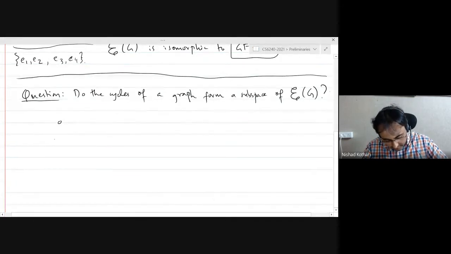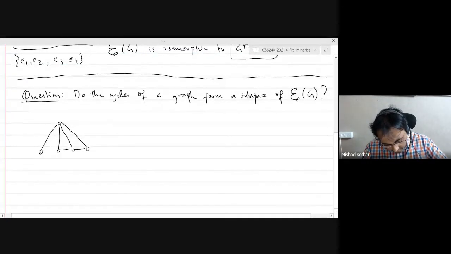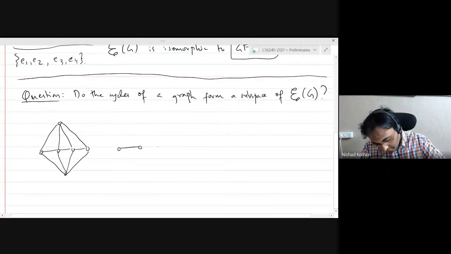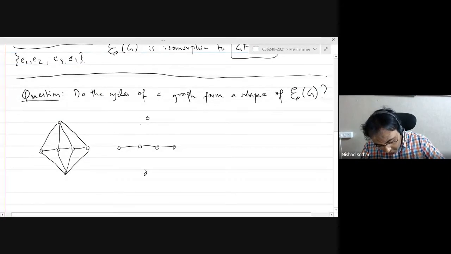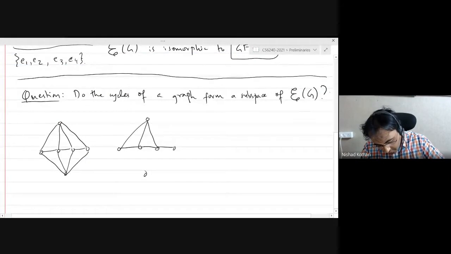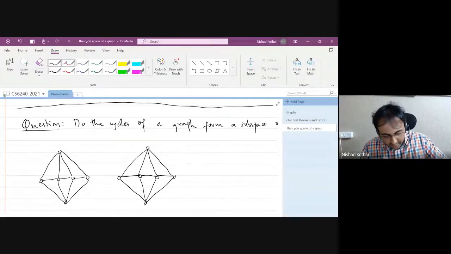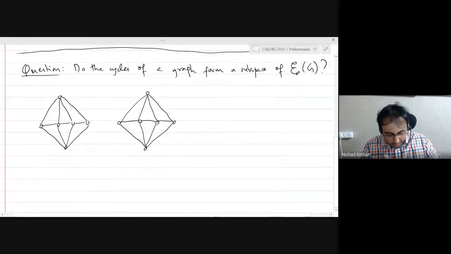So let's take a quick example. I'm going to use this example quite a bit today. So let's take maybe two different examples of the same graph. Okay. So first, let's take a good example, one which supports the question.